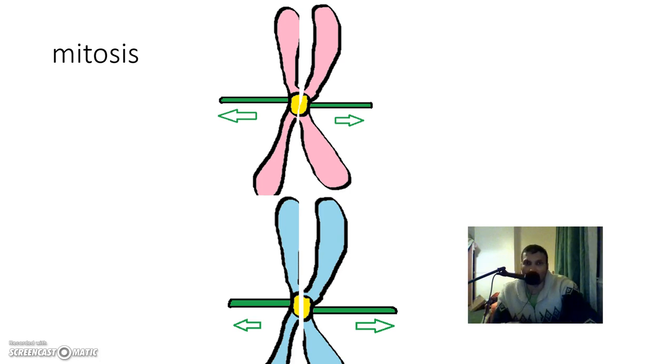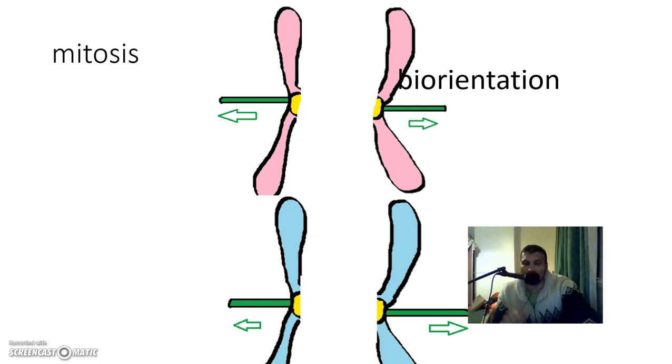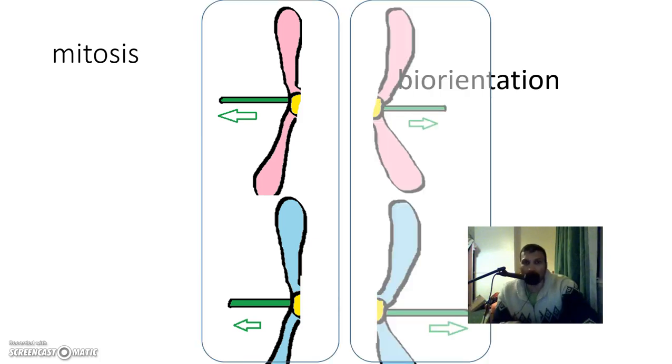This is how they separate, and it results in two daughter cells with a diploid set of chromosomes. That is 2n, so the daughter cells have the same number of chromosomes as before it started mitosis.